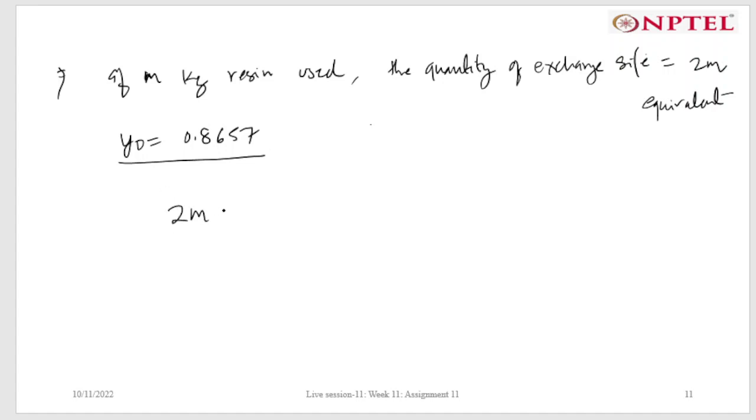So 2M into 0.8657 equals 50 equivalent. M is equal to the quantity of resin, 33 kg.